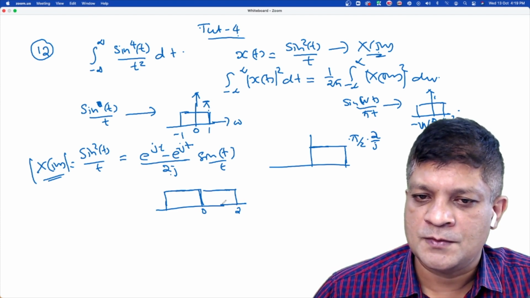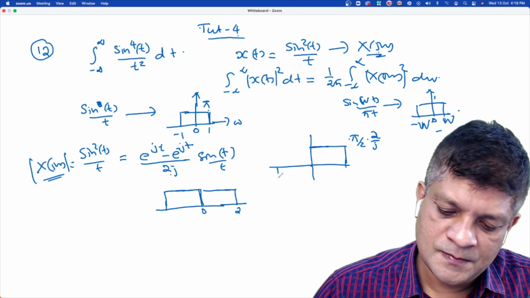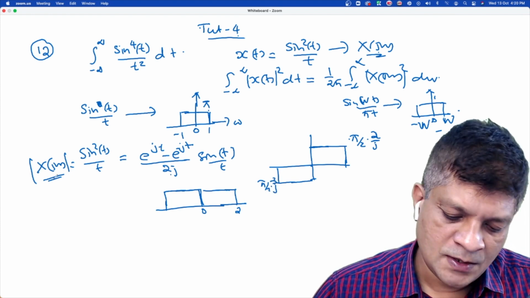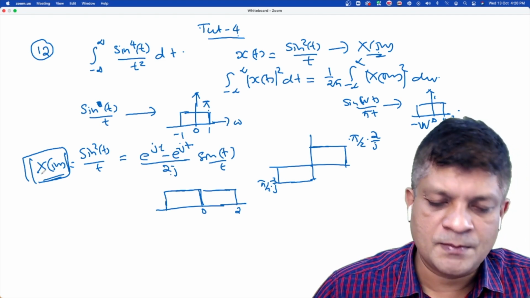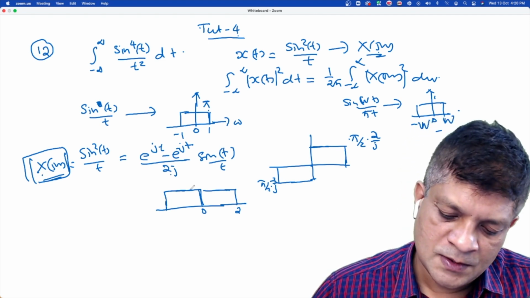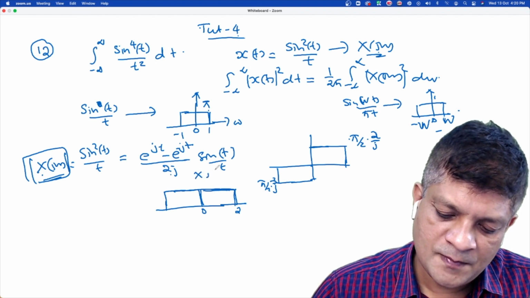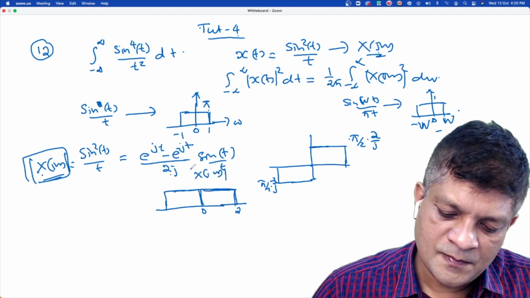That is the amplitude. And here it is pi by 2 into minus 1 by 2j. If you sketch the magnitude of x of j omega, what will it be? Is it the magnitude?